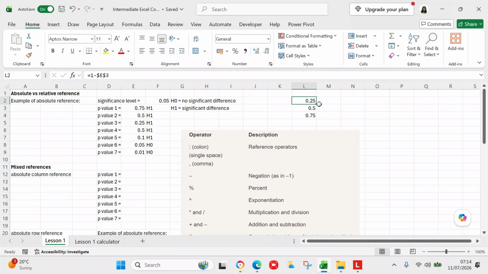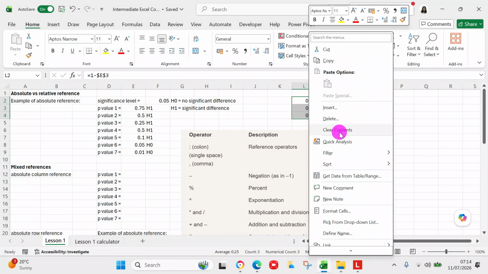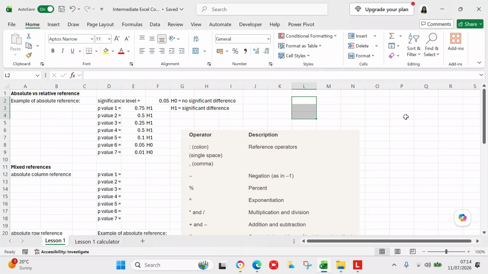So we'll copy and paste it down, and you see here 1 minus $E$3, 1 minus $E$3. So that's your difference between absolute and relative cell references. I've just given you a really tiny example.